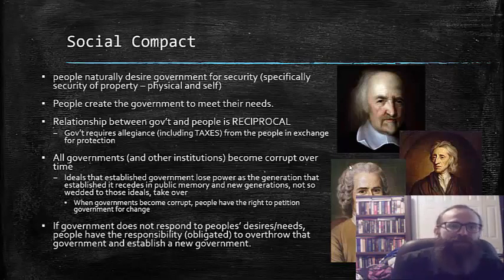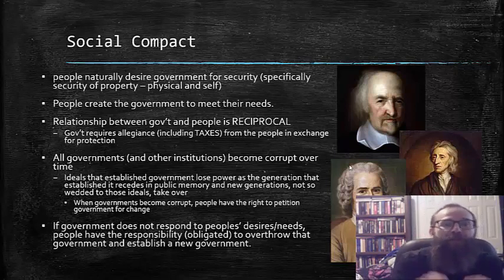What I mean by this is that the ideals that establish those governments in the beginning tend to lose power as the generation that established that government recedes in public memory, and new generations, not so wedded to those initial ideals, take over.